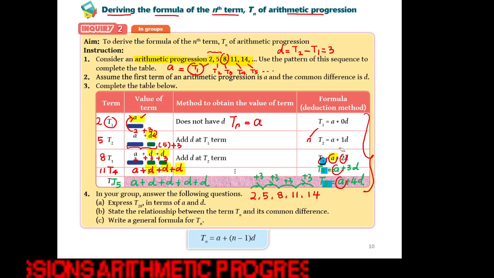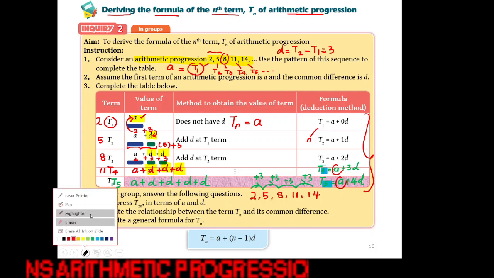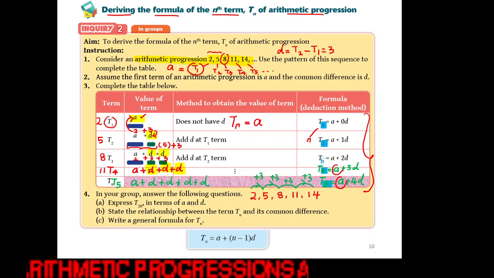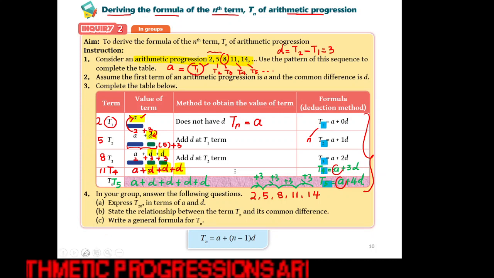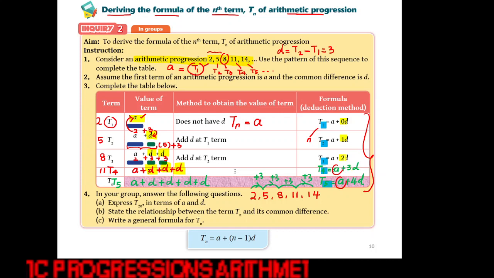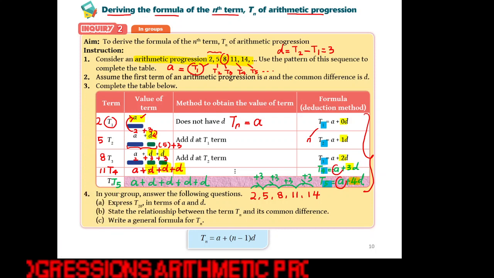Let us make it clearer. Okay, so we'll see here 1, 2, 3, and the other side will be 0, 1 D, 2, 3, and 4. So what can you observe from there?